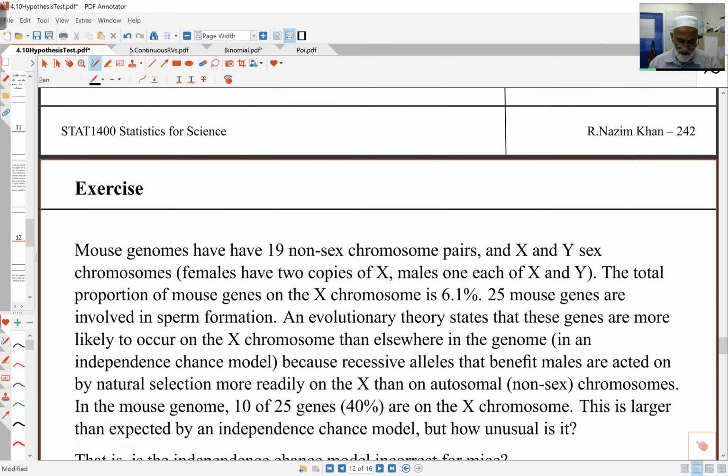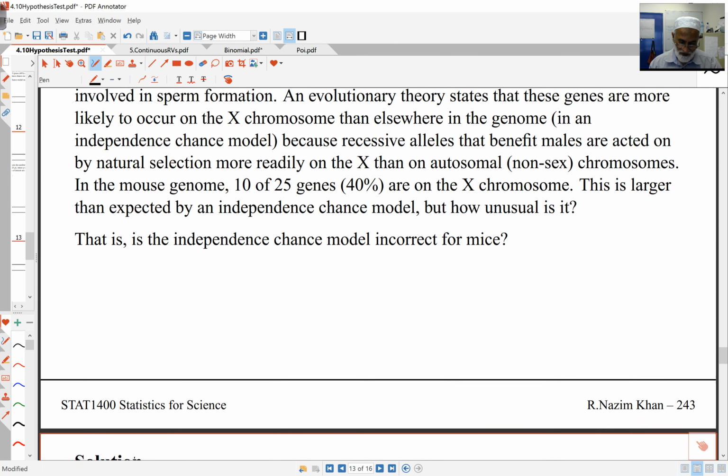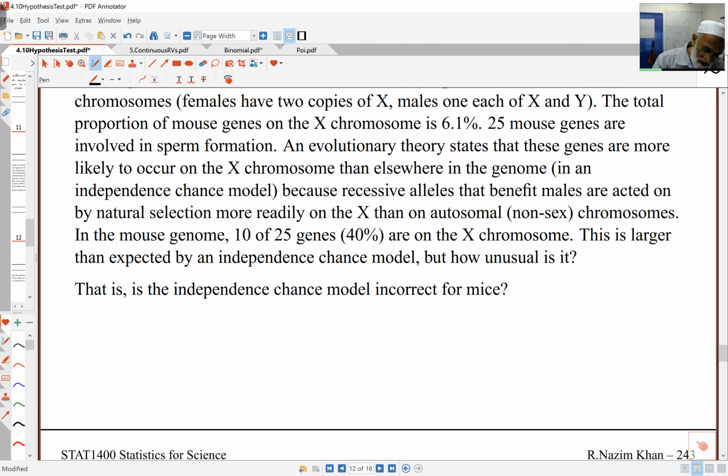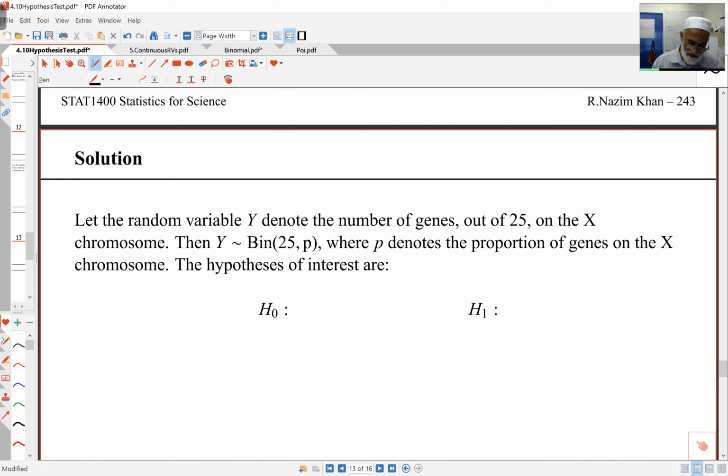So here's the example of the mice we saw earlier, and I'll let you try that yourself. I've set this up to start off with. So we're looking here at 10 out of 25 of the genes being on this chromosome, and we were asking the question, is this larger than expected by the independent chance model? So we set the whole thing up as y is the number of genes out of 25 on the X chromosome, then y is binomial, 25, p, we've got 25 genes, and here p denotes the proportion of genes on the X chromosome.